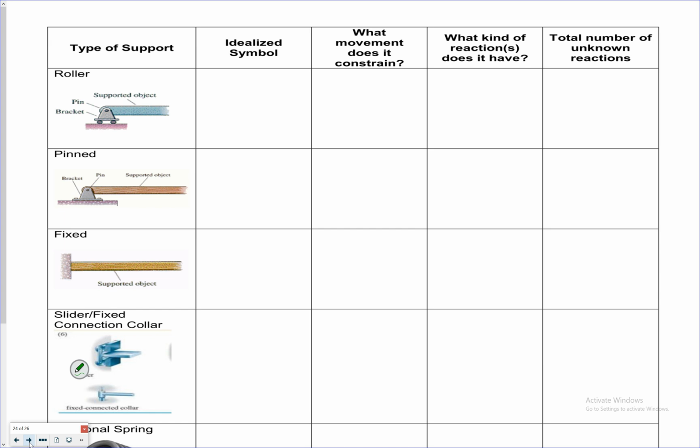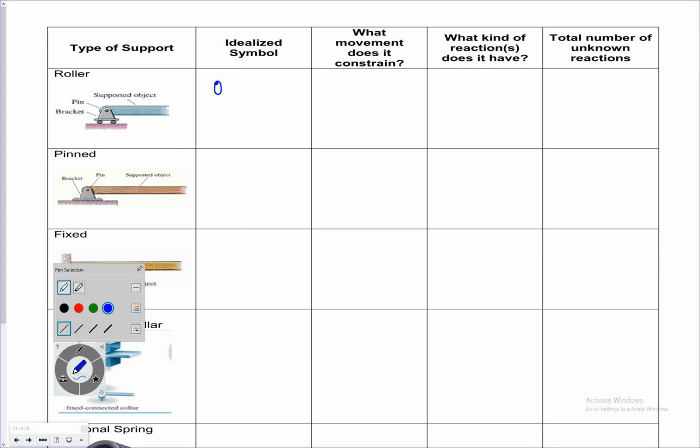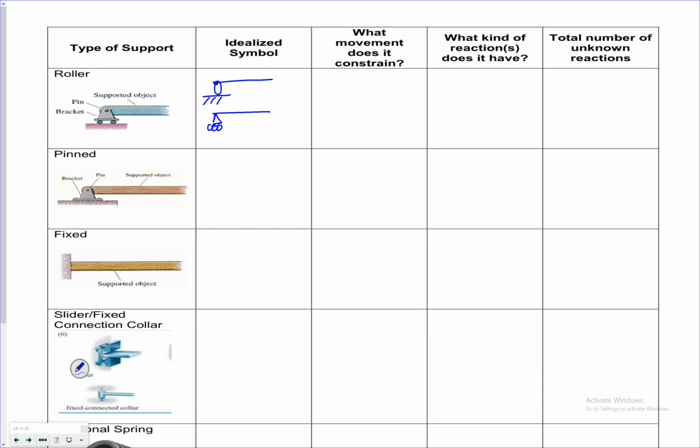If I look at a roller support, that looks like a little ball or a triangle on some rollers. If you see that, that means it's a roller support.